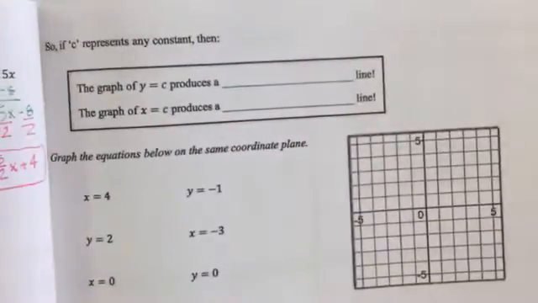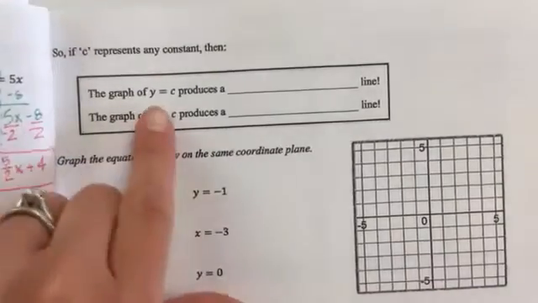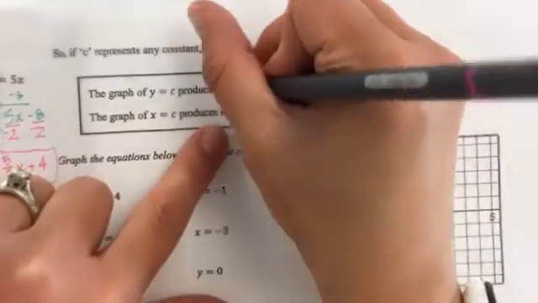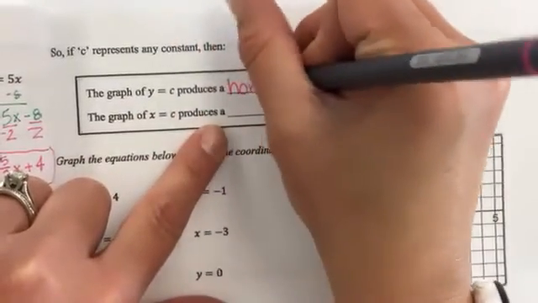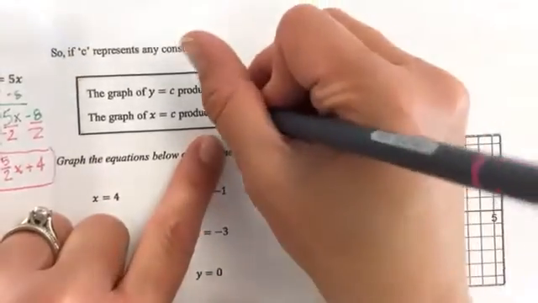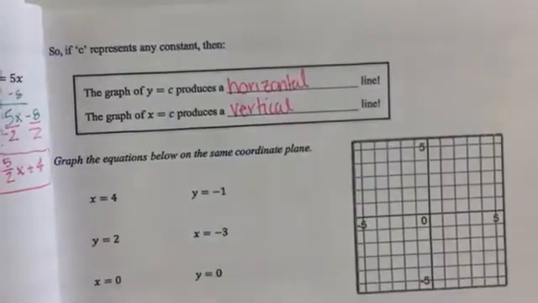So up here it says, if c represents any constant, the graph of y equals c produces a horizontal line, since it crosses the y-axis. And the graph of x equals c produces a vertical line.